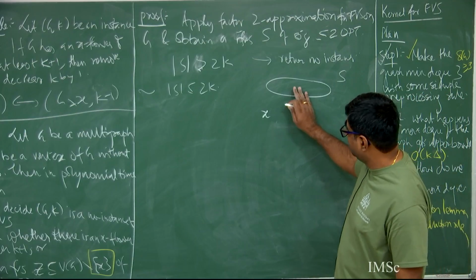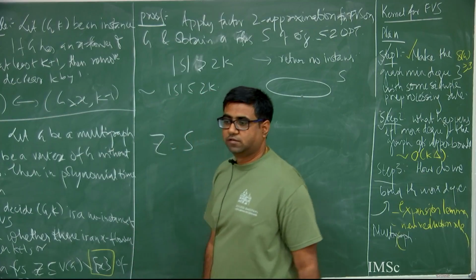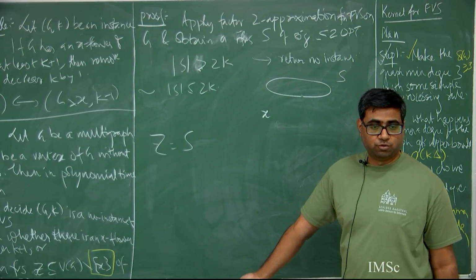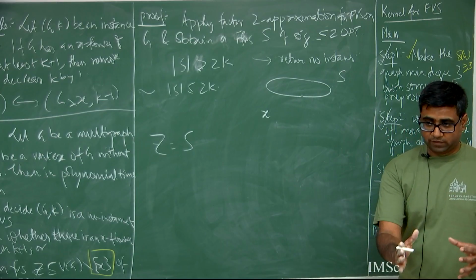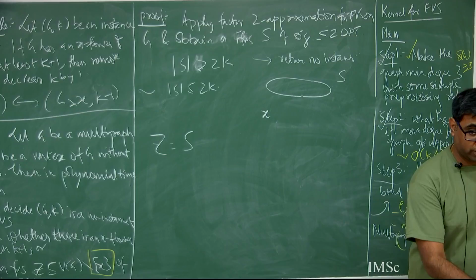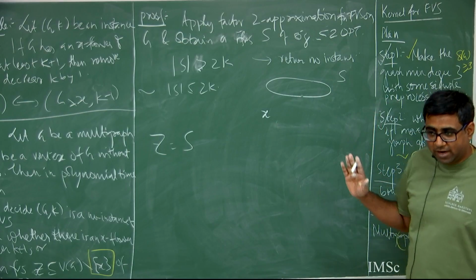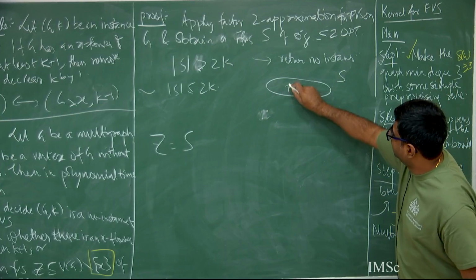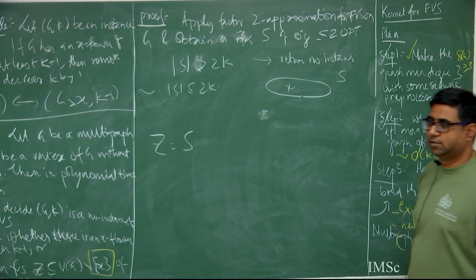If x is outside this set S, then I can return S. It has size at most 2k, so in this case I have returned a feedback vertex set of size at most 2k which does not contain x. So we are great. The bad part is when x belongs here. Agreed? Now let's see how we deal with this.